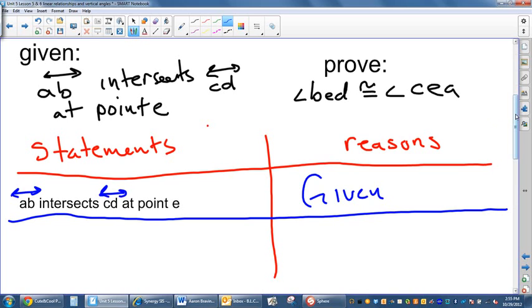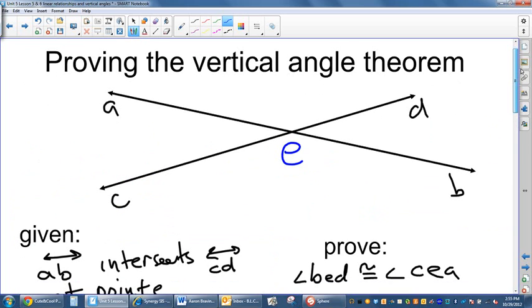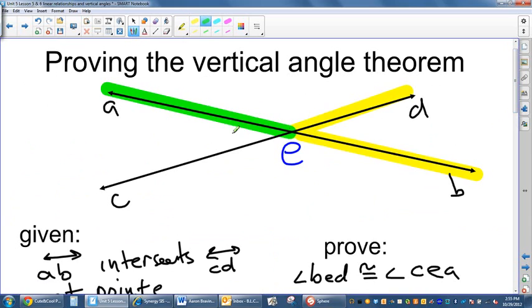So let's look at our diagram up here. So here is BED. I'll highlight it here. This right here is BED, and I want to prove this is congruent to this angle over here. I want to try and prove those two things are congruent.